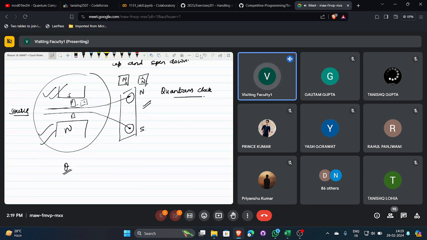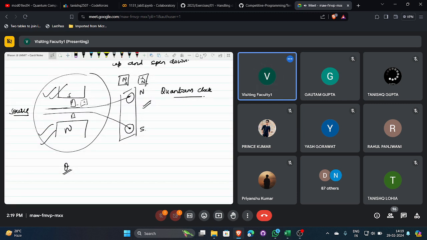But now about the quantum clock. It is a different clock where there is no marking on anything, and you are not allowed to see the face of the clock. Now suppose I ask you a question: is it 4 o'clock?